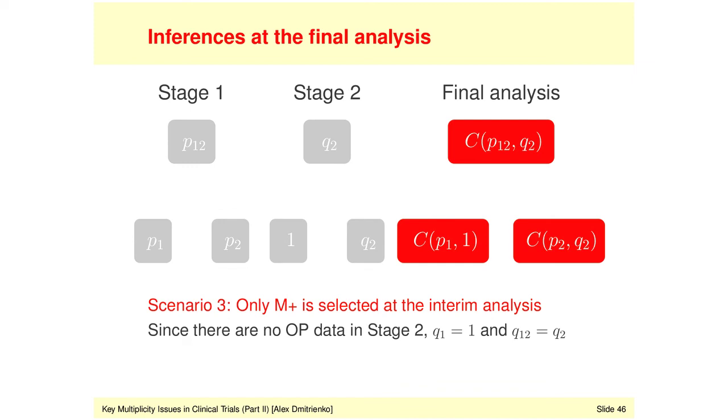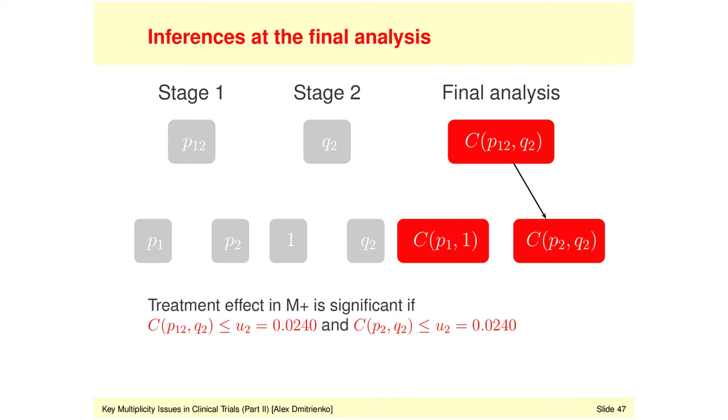Once again, there is no plan to carry out the overall population test at the interim analysis. We now have just one hypothesis left to be tested at the final analysis, and a rejection decision will be made for this hypothesis, which means that a significant treatment effect will be declared within the predefined subpopulation of biomarker positive patients if two conditions shown at the bottom of the slide are satisfied.